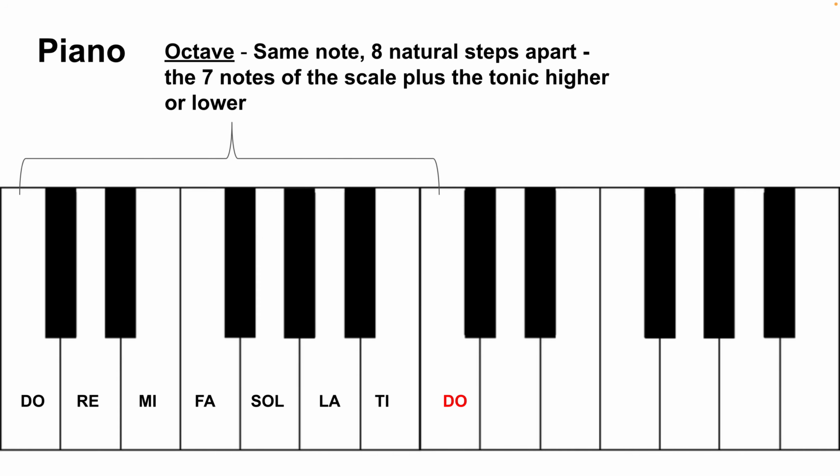So when we talk about the C major scale, my keys are so small. There's really only do, re, mi, fa, sol, la, ti. C, D, E, F, G, A, B, and then C again.